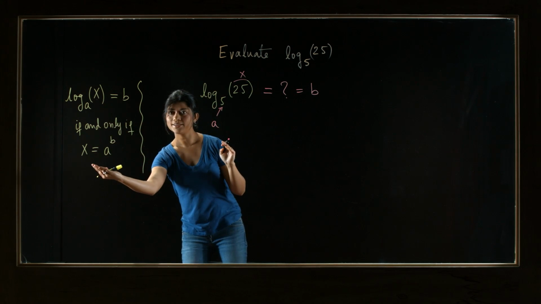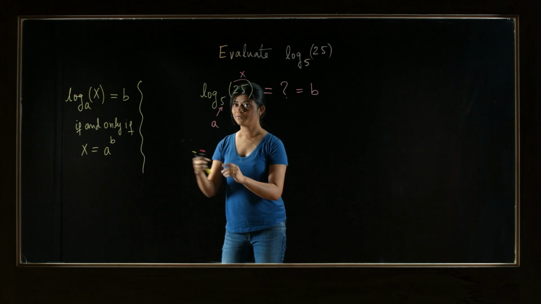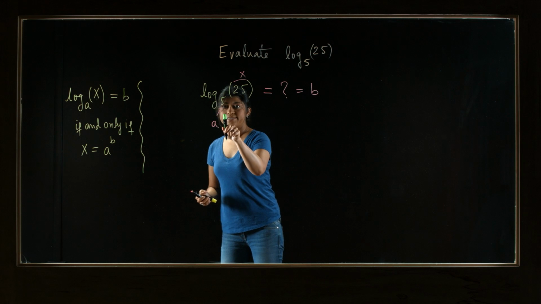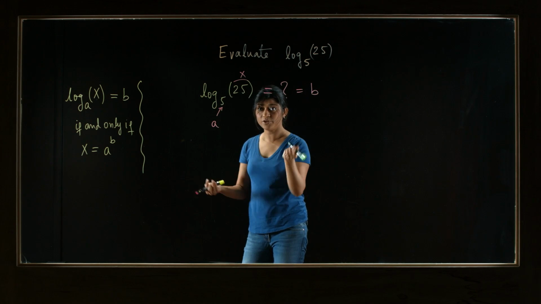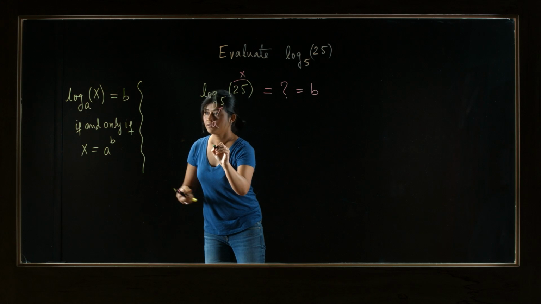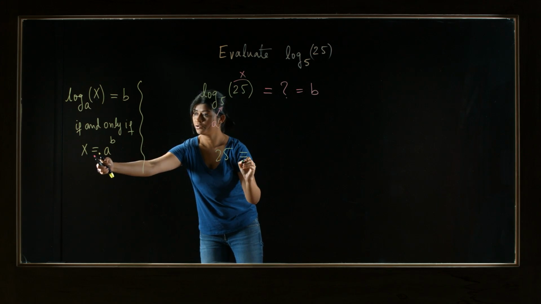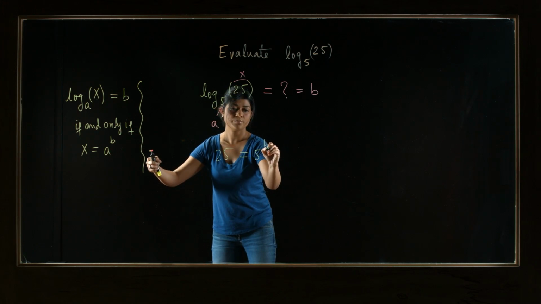Let's use the other form of that equation. So what do we know from this property right here? Log base a of 25 is equal to b if and only if x, which is 25, is equal to a, that is 5, to the power b.